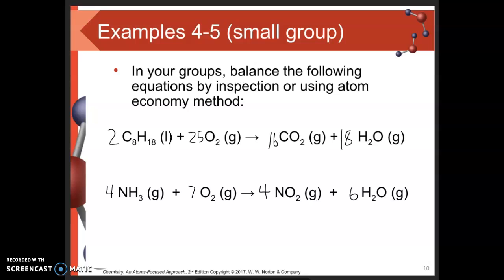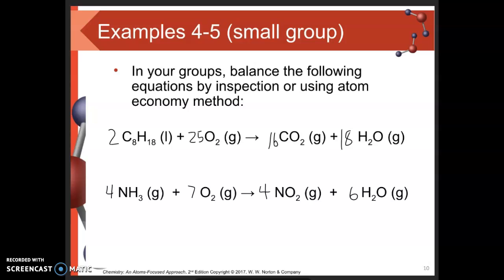Okay, we're back. And here are the answers for the two example problems. Now, both of these were combustion reactions, and combustion reactions are probably the most difficult ones to balance. But if you can master them, if you can get behind the tricks of them, you can really balance anything. So in the first one, very similar to the combustion problem that we just did, you had to double everything.